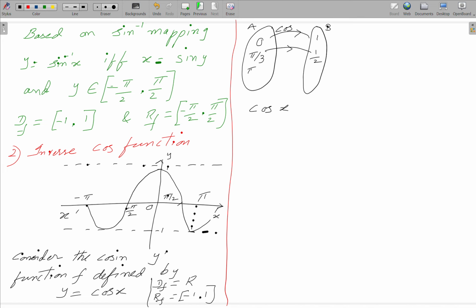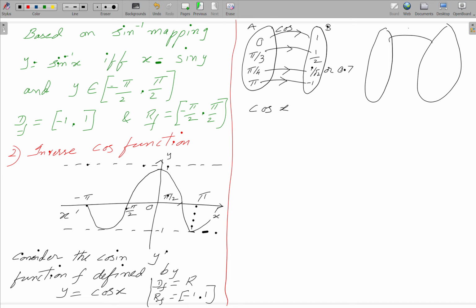When x is equal to pi by 4, y is equal to 1 by root 2 or 0.7. When x is equal to pi, y is equal to -1.